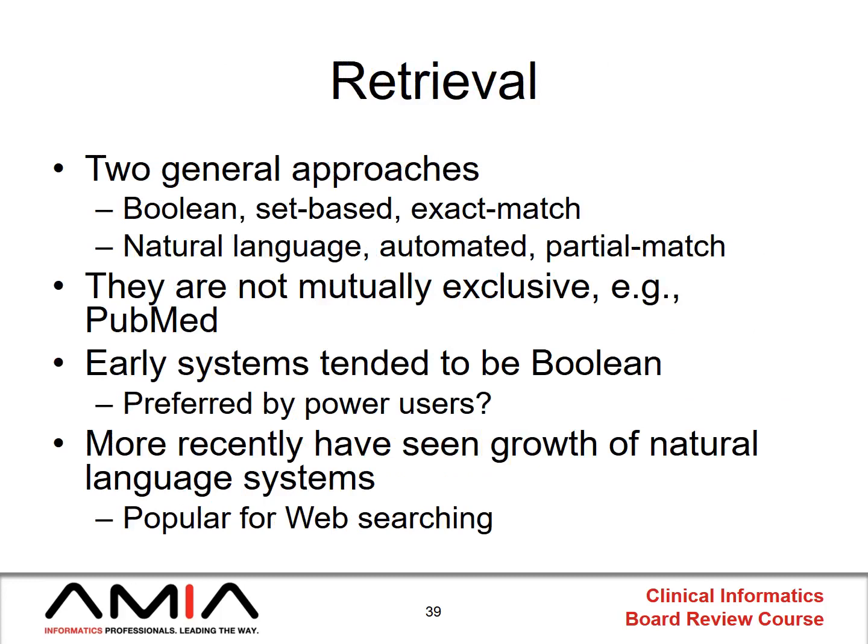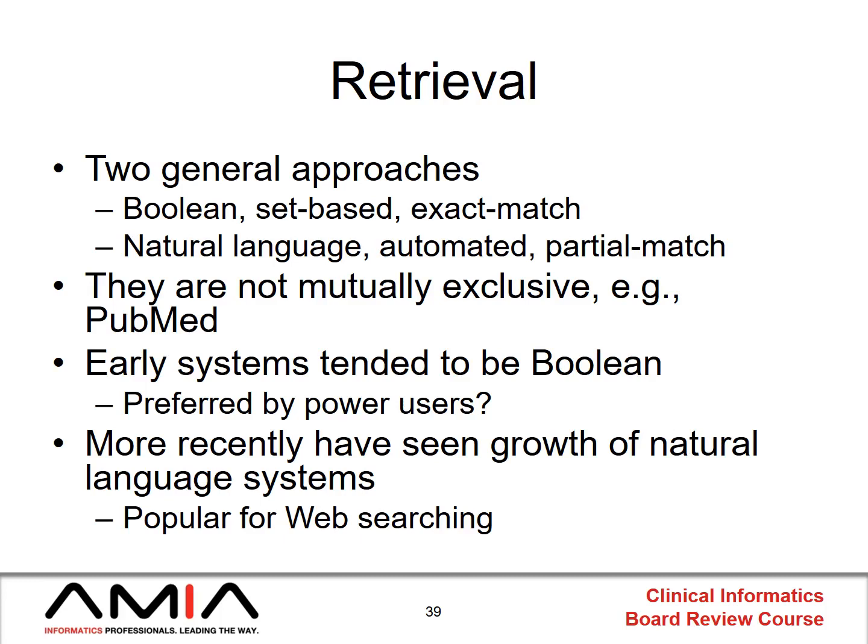Once indexing has been done, we can then move to the next key part of information retrieval, which is retrieval. And again, there are two general approaches to retrieval. One is Boolean retrieval, which is also called set-based retrieval or exact match retrieval. And then the other general approach is natural language retrieval, which is sometimes called automated retrieval or partial match retrieval.